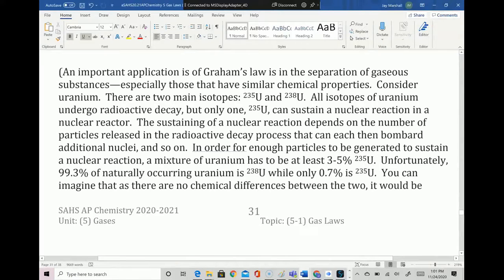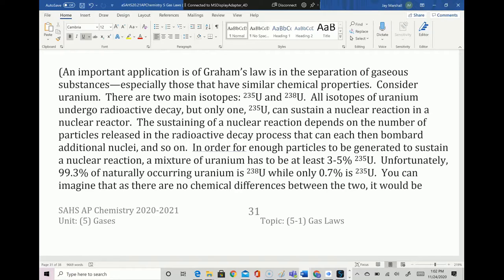Now, this is just a sideline, just a piece of interesting information. An important application of Graham's law is in the separation of gaseous substances. Hopefully it makes sense that if I have a mixture of gaseous substances, they're going to effuse at different rates, and I can use that to help separate them, especially those that have similar chemical properties. Consider uranium.